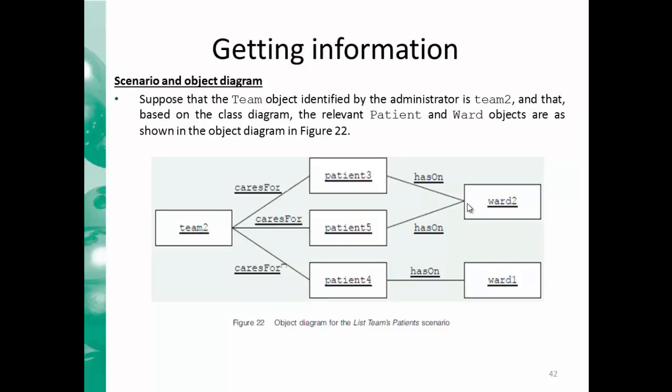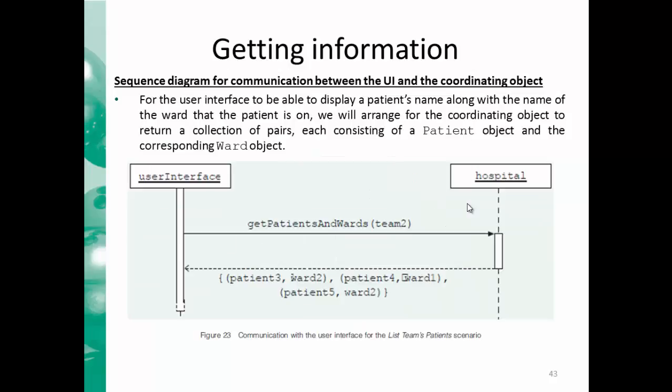It will show us a scenario where team 2 has 3 patients, 5, 3 and 4, with 3 and 5 together in ward 2, where 4 by itself is in ward 1. We will base on this to be able to implement our use case. So now we have decided that our coordinating method for this use case will be getPatientAndWards that takes team 2 as a parameter.